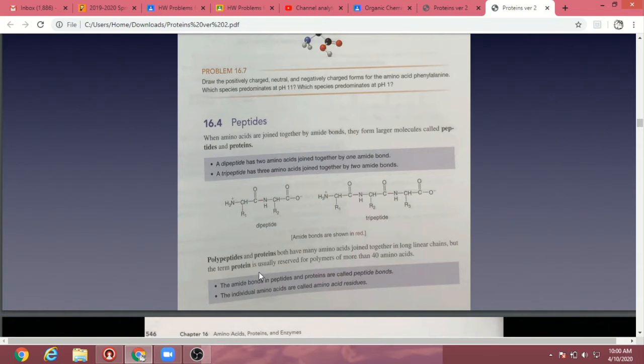Basically we have two different peptides here: a dipeptide or a tripeptide.